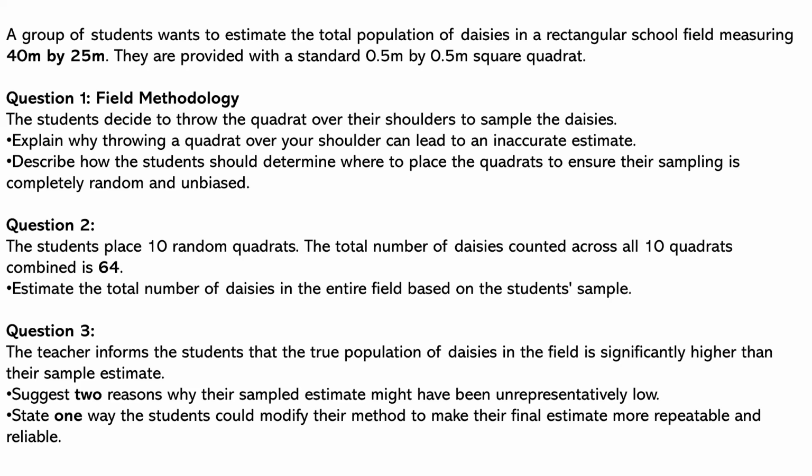It's all about bias, because you're going to have a bit of an idea in your head where you're going to throw it, and you've decided also where you're going to stand in that field. But the whole point of randomizing is to get rid of the bias.